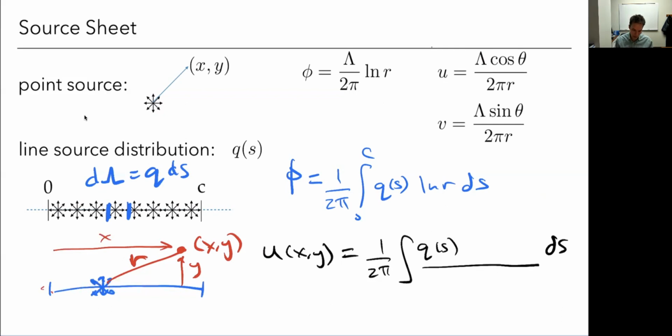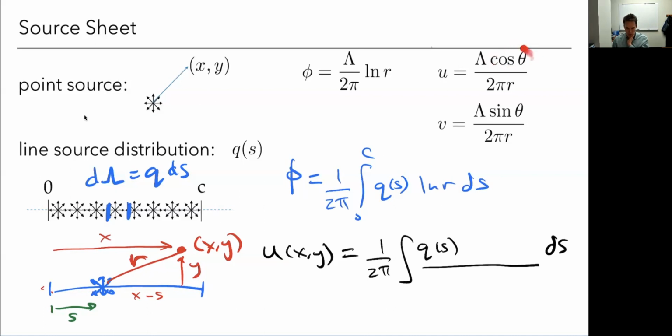So I need to add a new variable, which we're going to call s. This is just a dummy variable of integration. It's the same one we used here. And so s will vary along here. And so the distance r is actually x minus s. This distance here is now x minus s. So r has become the square root of x minus s squared plus y squared.